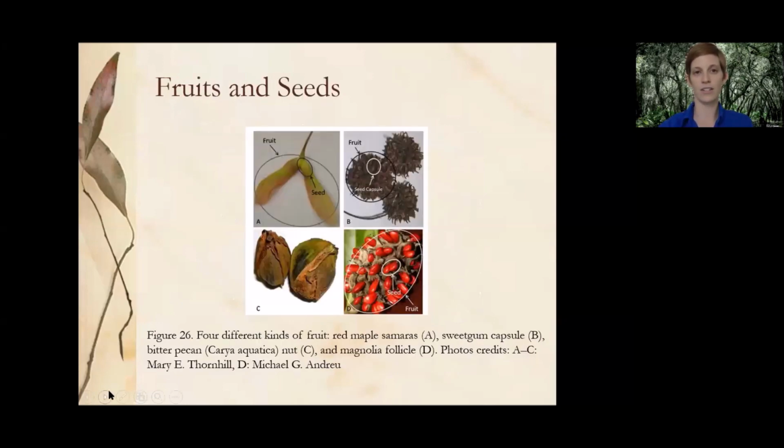And then of course, fruits and seeds. Any details that we can collect is helpful because not all of these things are obviously happening at the same time. So just taking note of any fruit and seeds, either that you can see on the tree or directly beneath the tree. So, right, you're not going to see an oak tree putting out what we call winged samaras, which are often associated with maples.